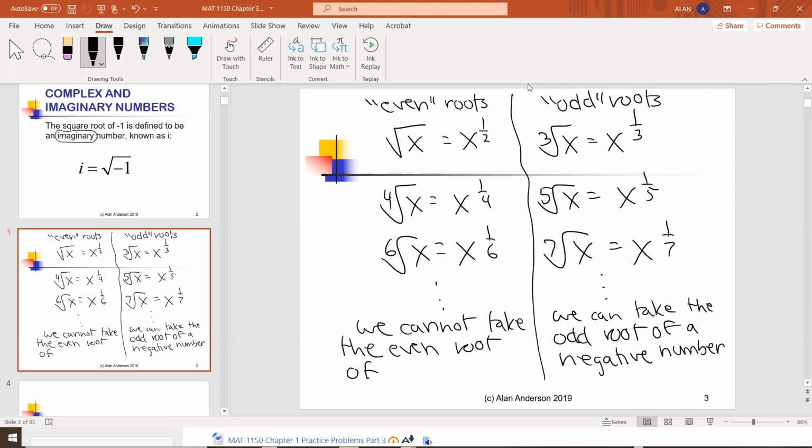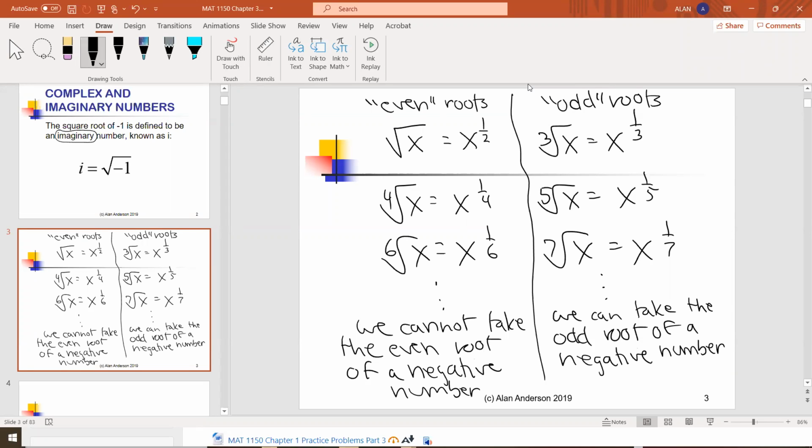Or I guess I shouldn't say we cannot. We cannot and still have a real result, okay? In other words, within the real number system, we cannot take the even root of a negative number.